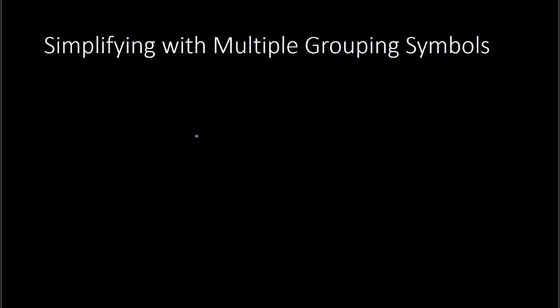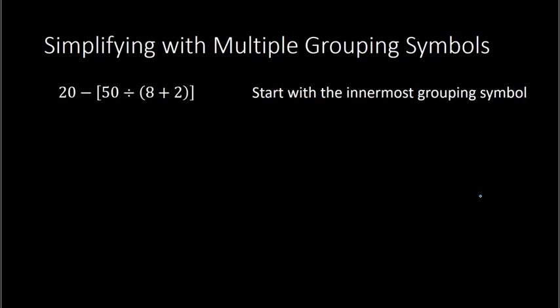Now the next question would be, what do you do if you have multiple grouping symbols? So bottom line, what we're doing is we're starting with the innermost grouping symbol first and then working your way out after that.